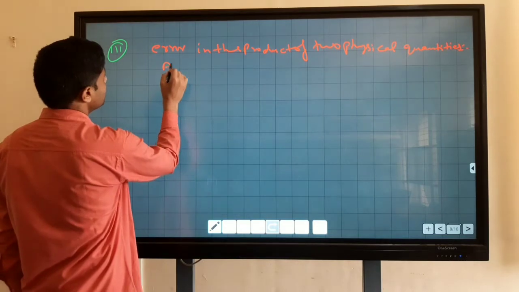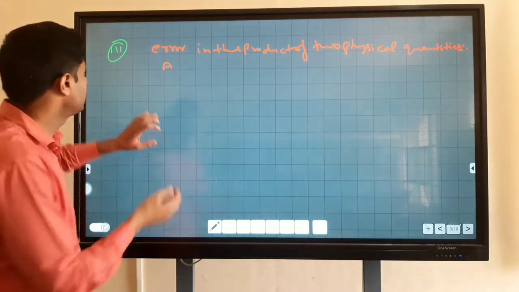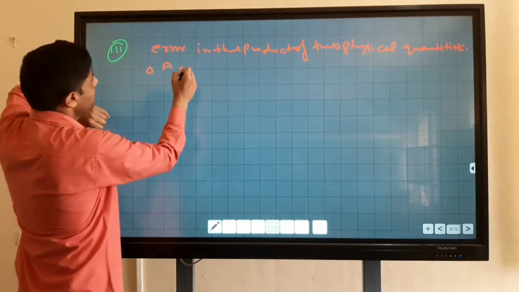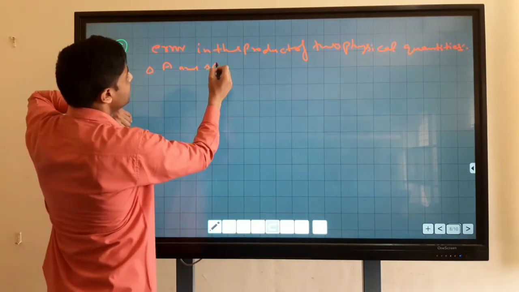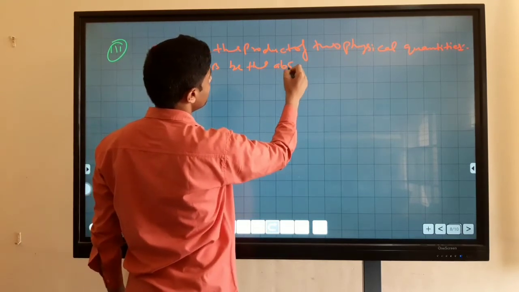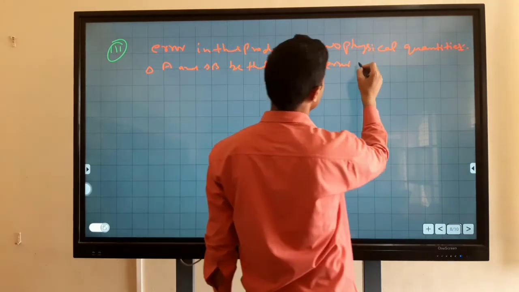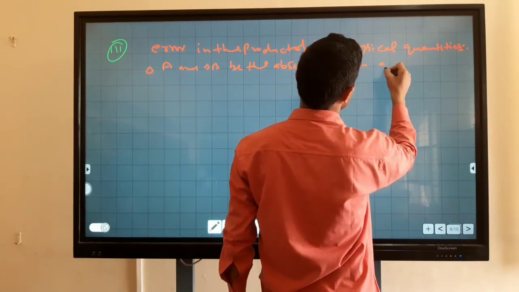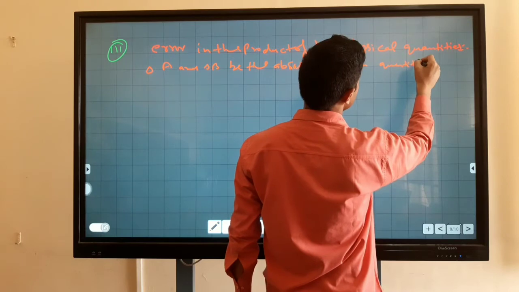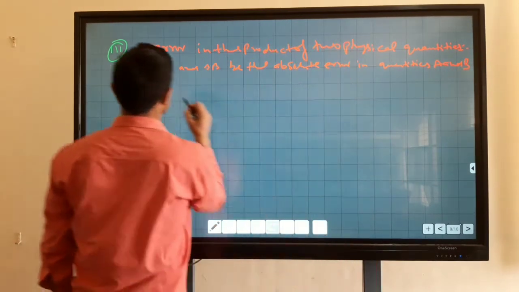Let A and B be two physical quantities and del A and del B be the absolute error in quantities A and B respectively.